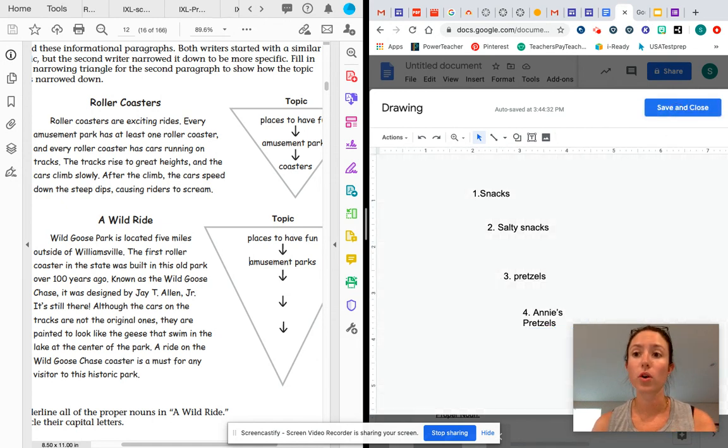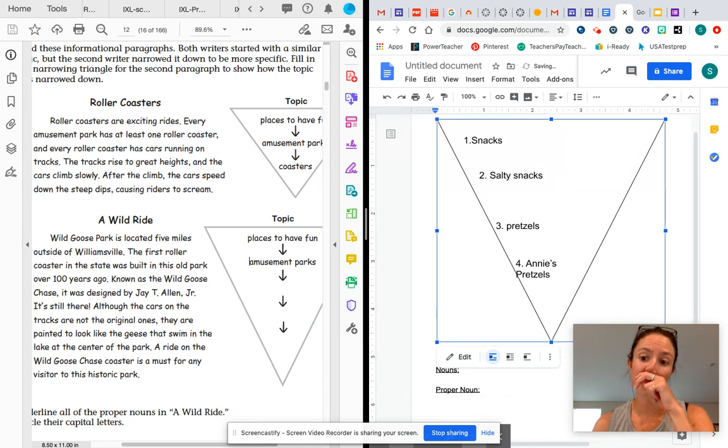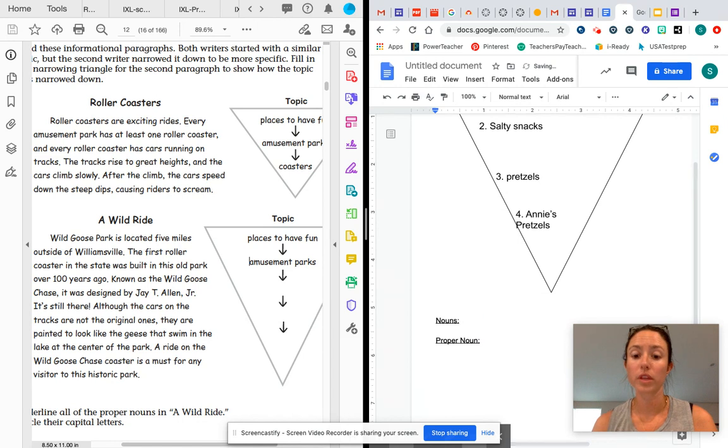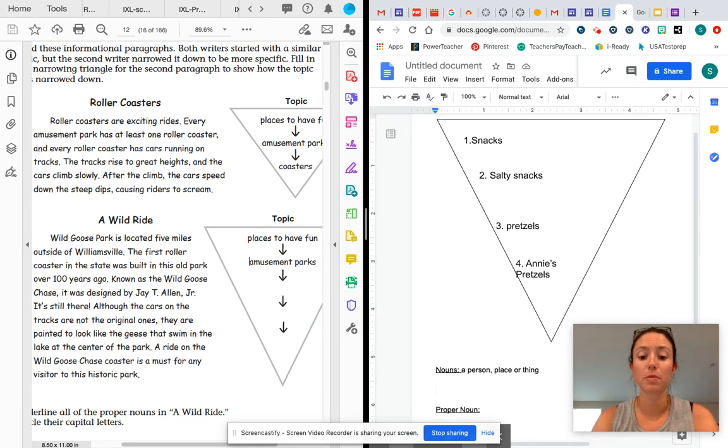The other thing that you're going to do in here is talk about nouns and proper nouns. So really quickly, a noun is just a person, place, or thing. So for example, here, my nouns in my example would be snack, salty snack, generic pretzel, right?